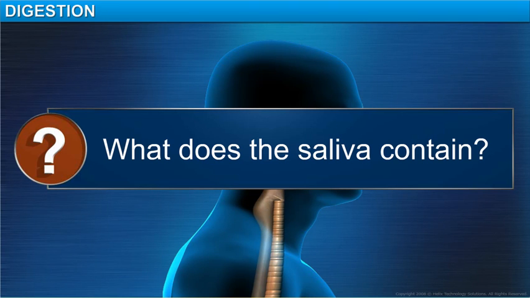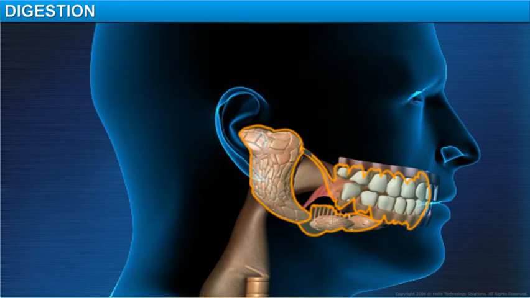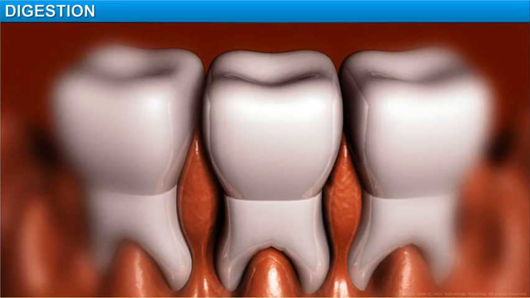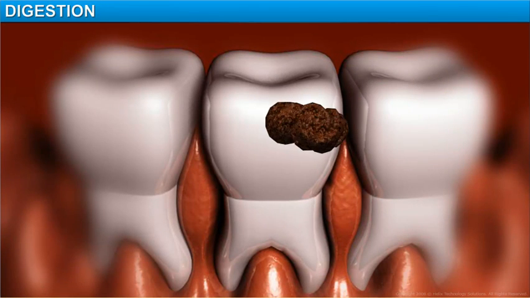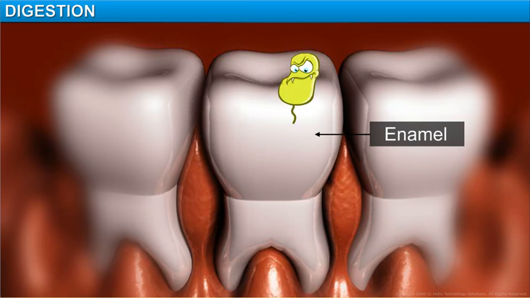What does saliva contain? Saliva contains buffering agents that protect the teeth from decay. When we eat something sugary, bacteria produce an acid that attacks the enamel in the teeth.